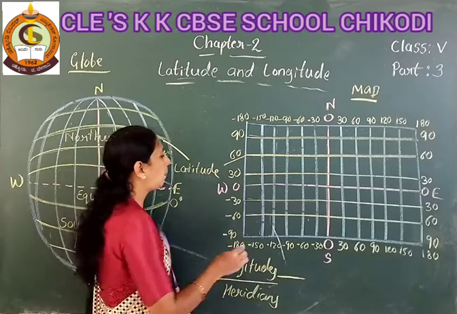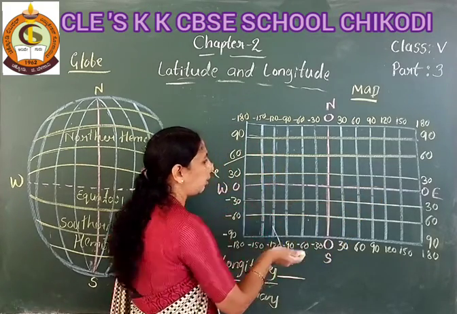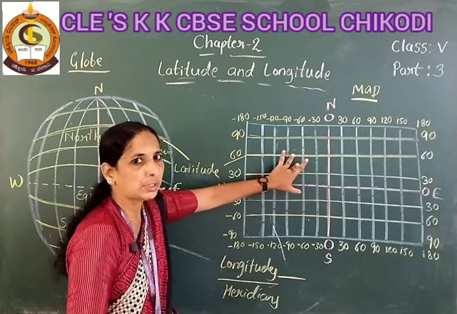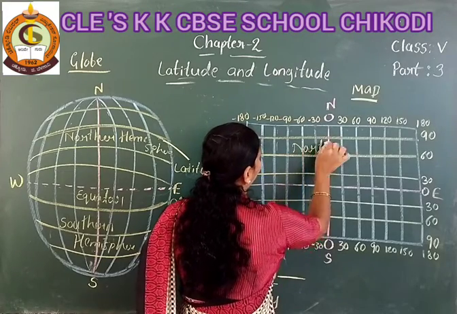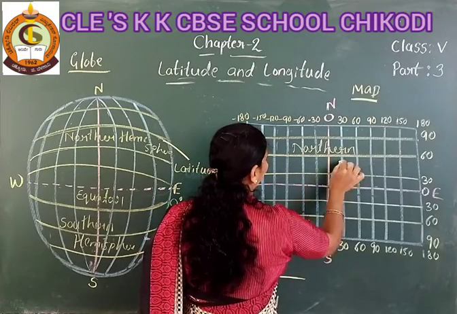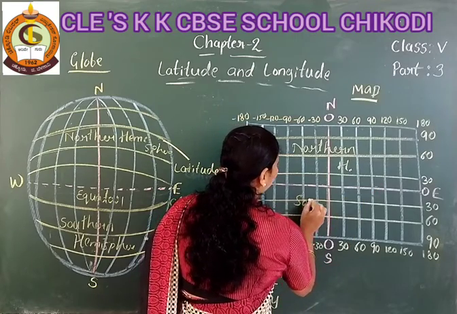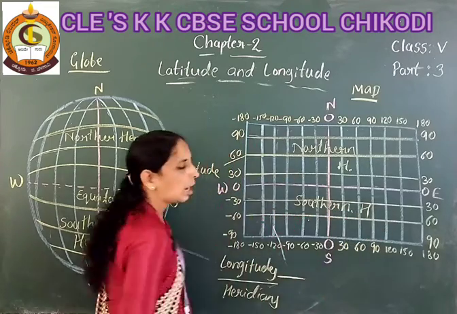See on your map, this is the equator. So the equator divides the earth into two equal hemispheres: above the equator the northern hemisphere, and below the equator the southern hemisphere.